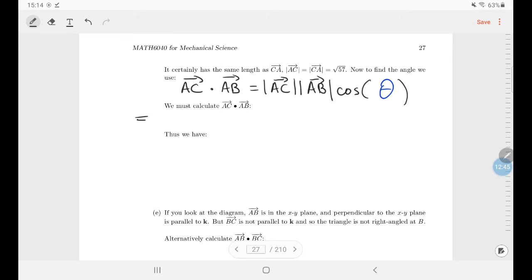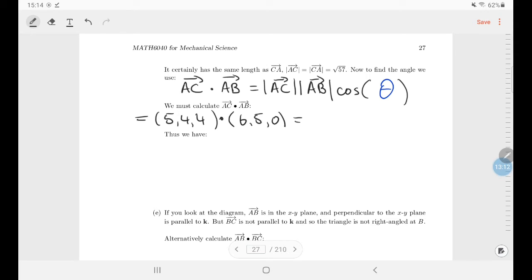So the vector from A to C is 544, dot product the vector from A to B, which is 650. And remember how you do the dot product, it's very easy, but you get a number, not a vector.